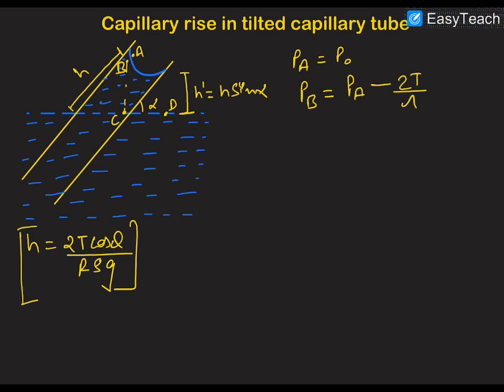Therefore, B will be having some excess pressure. But pressure at A is definitely P naught. So we can say that pressure at B will be somewhat less than the pressure at A.